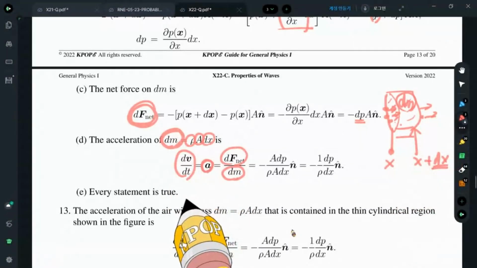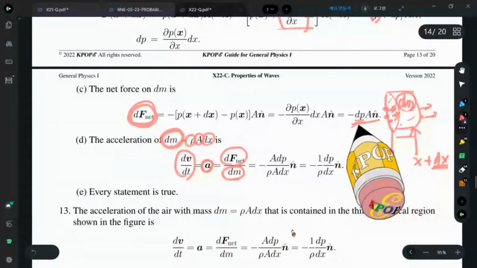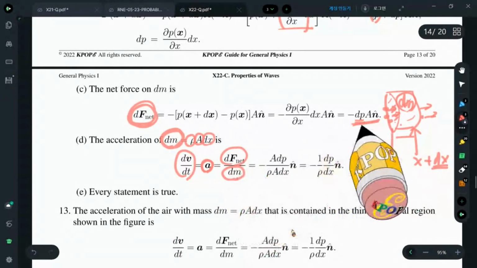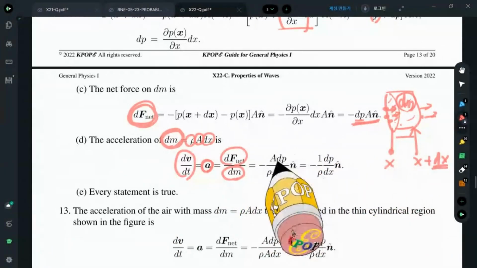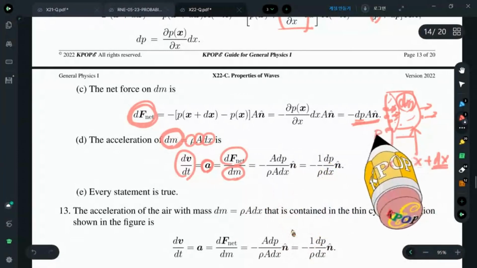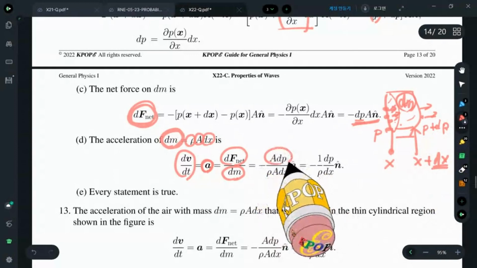All right. As a result, using this formula, force is replaced with the cross-sectional area and the change in pressure. We have P, and we have P plus dP on the right side.